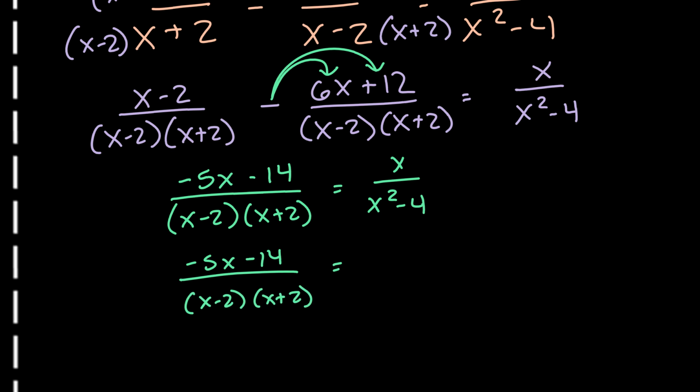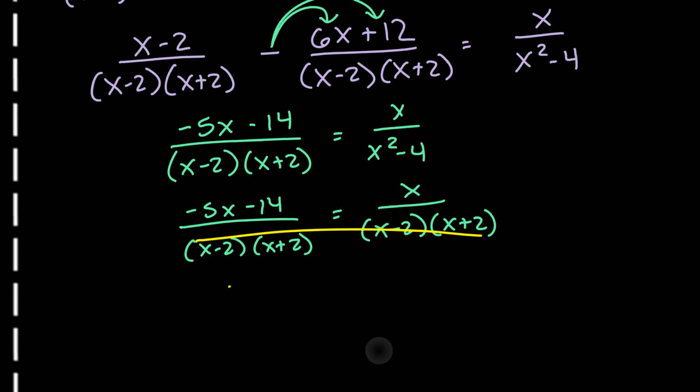What is x squared minus 4 the same as? x plus 2 times x minus 2, which is the same as our other denominator. So because we have a fraction set equal to a fraction with the same denominator, you can cancel out the denominators and just be left with the numerator. Negative 5x minus 14 is equal to x.